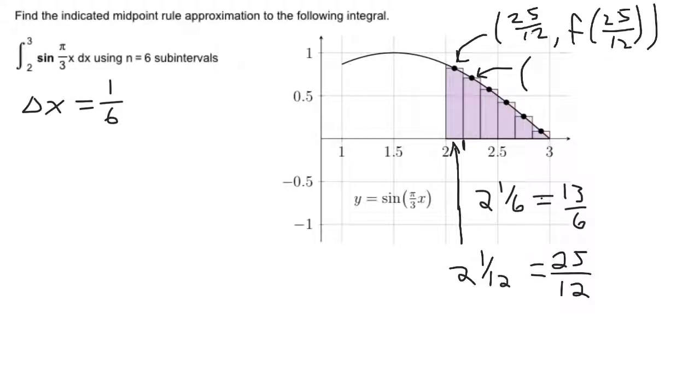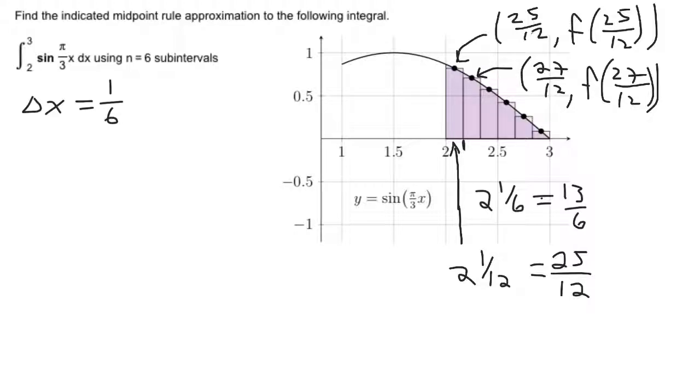So 25/12 plus 2/12 is 27/12. And I'm not concerned about simplifying this as I go because it's the f of things that really matter here. The x-coordinates just tell you what to plug in to get the y-coordinate. And so on. So the next one is 29/12, then 31/12, then 33/12, and 35/12.